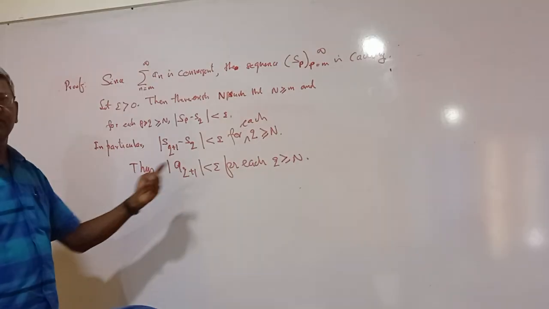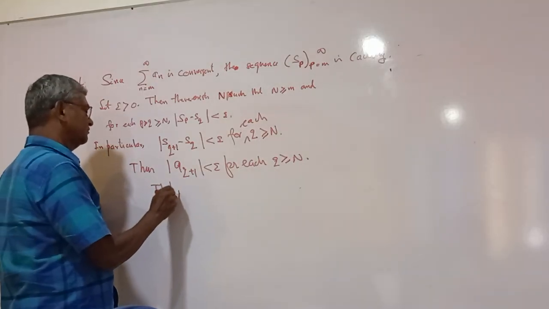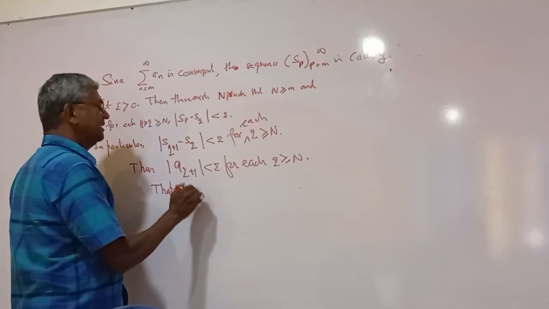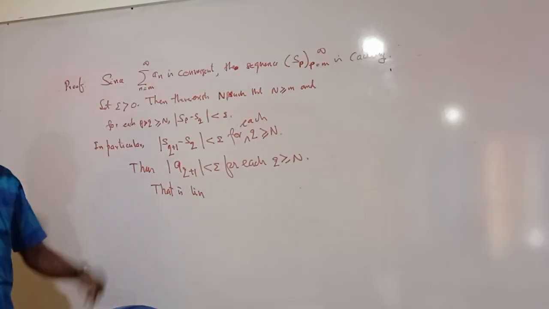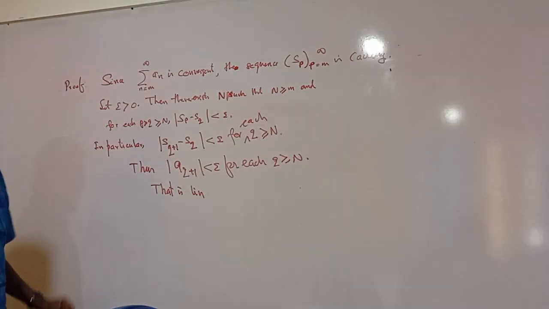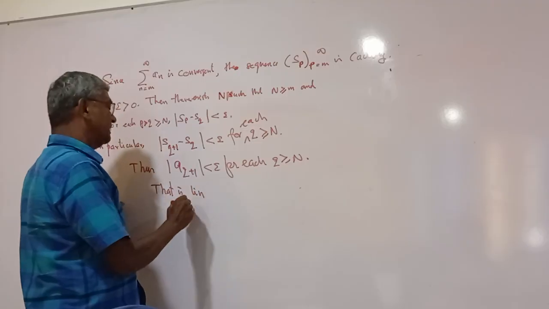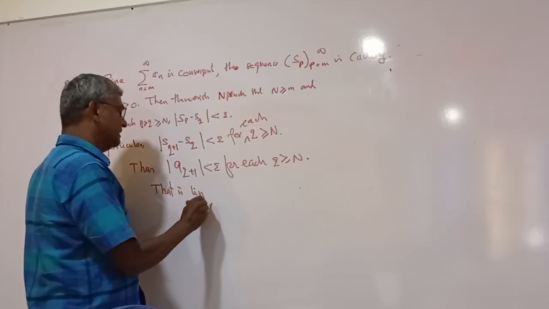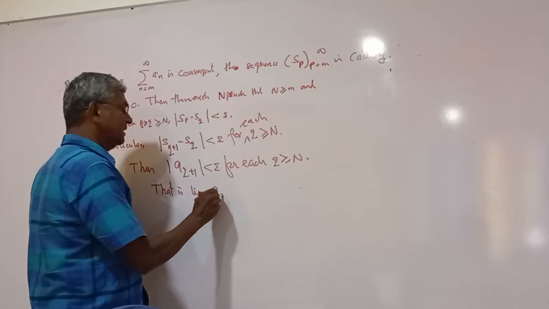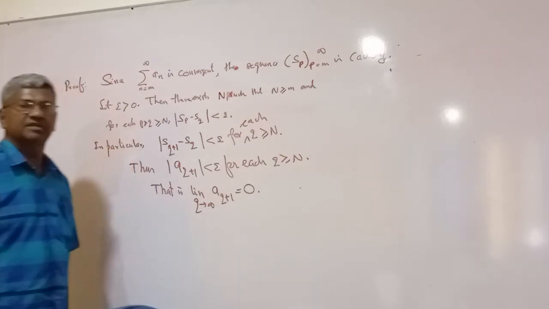What is this? What does it mean? That is, for each q greater than or equal to N, the modulus of a_{q+1} is less than epsilon. That is, limit as q tends to infinity of a_{q+1} is equal to 0.